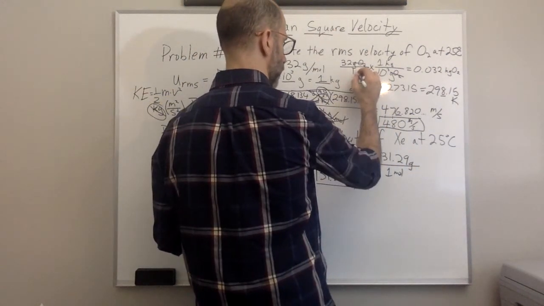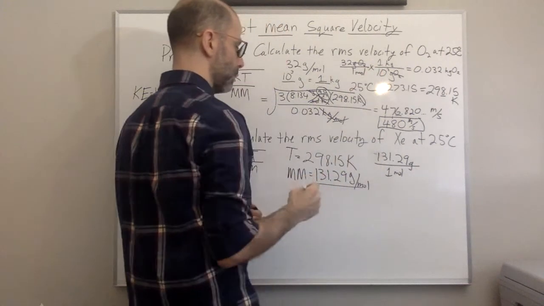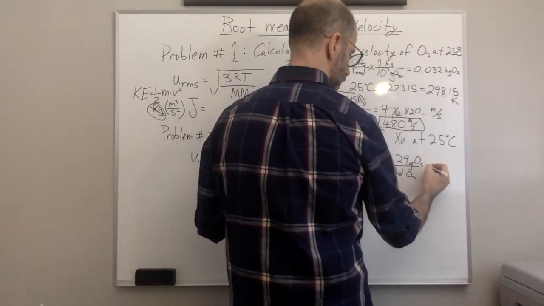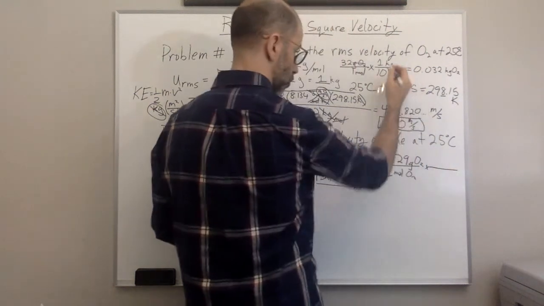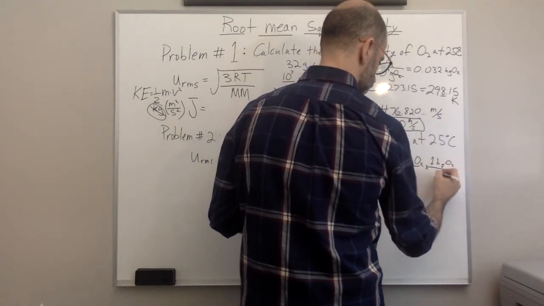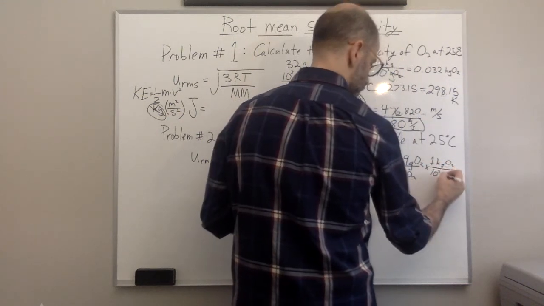Okay, so I should have had 1 mole here actually. 1 mole of xenon. And then I'm going to do the 1 kilogram over 10 to the 3 grams.